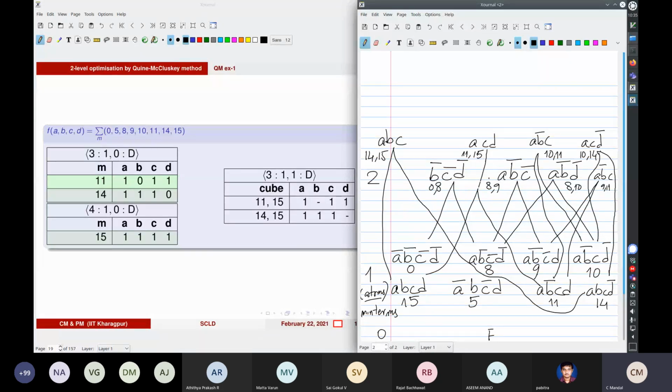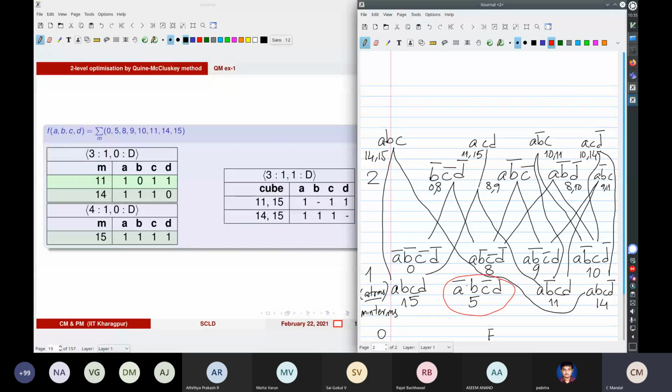So what you find is that it's useful to circle this one. This one hasn't joined with anything, right? A bar, B, C bar, D. This one hasn't joined with anything. Of course, we'll now try to join some of these and get bigger cubes.